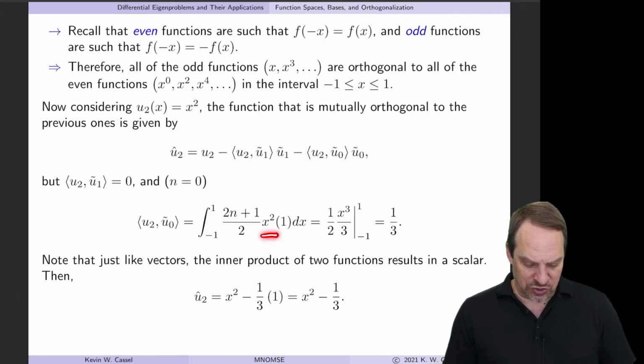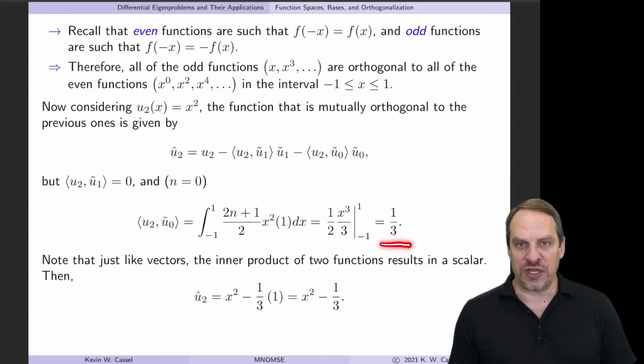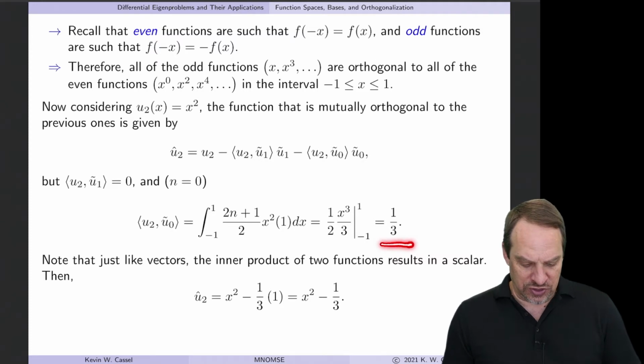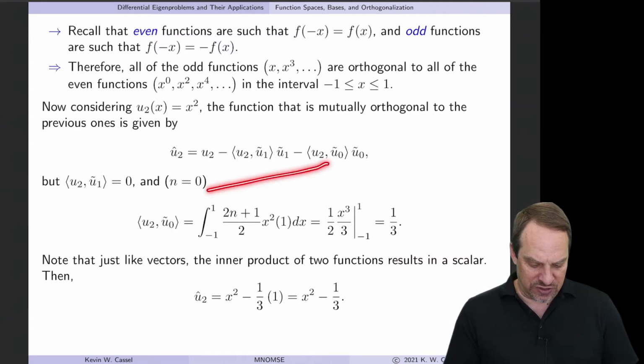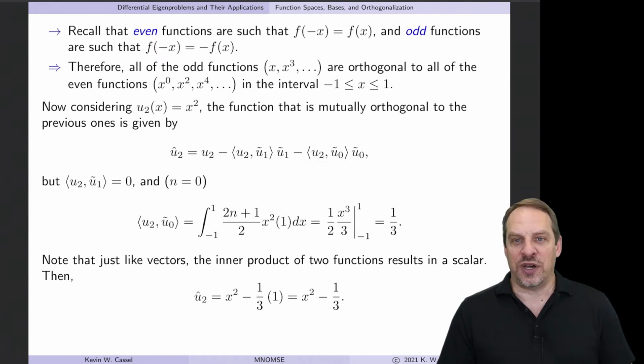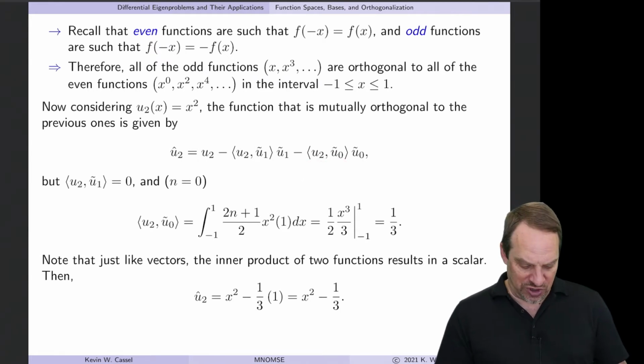So u2 is x squared, u0 tilde is 1. I incorporate the corresponding w, do the integration, put in the limits of integration, and I get a third. So that's this inner product right here. So now u2 hat will be u2 minus this inner product, which is a third, times the u0 tilde function that we already have.